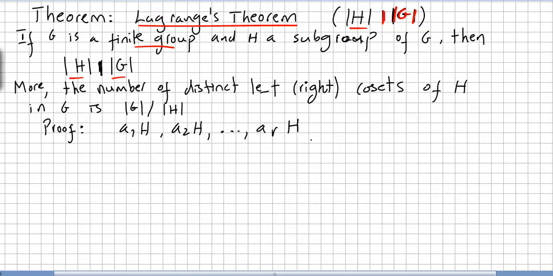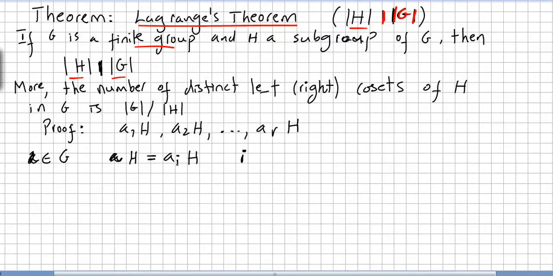So these are the distinct left cosets of H in G. So for any element A in G, we will have AH equal AIH. So there will be one I, right?